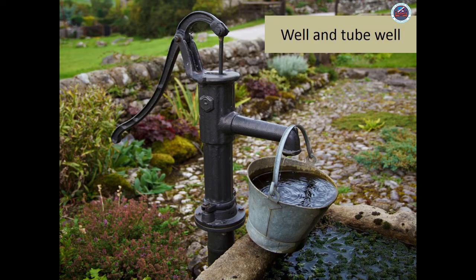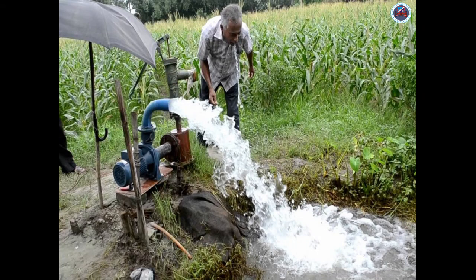Well and tube well irrigation is the most popular irrigation system in India. The first tube well was dug in 1930 in Uttar Pradesh. Today, there are more than 50 lakh tube wells operating in different parts of India. Uttar Pradesh has the largest area under well irrigation.